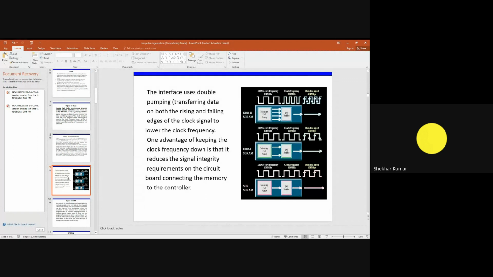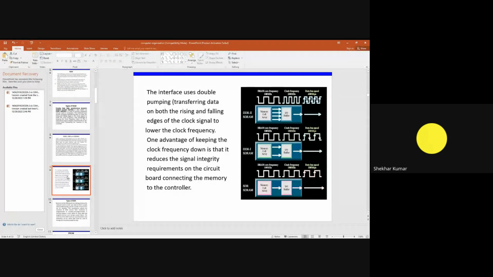This is a type of read-only memory that only reads the stored information, but it doesn't have the capability to modify or write the information, the data.